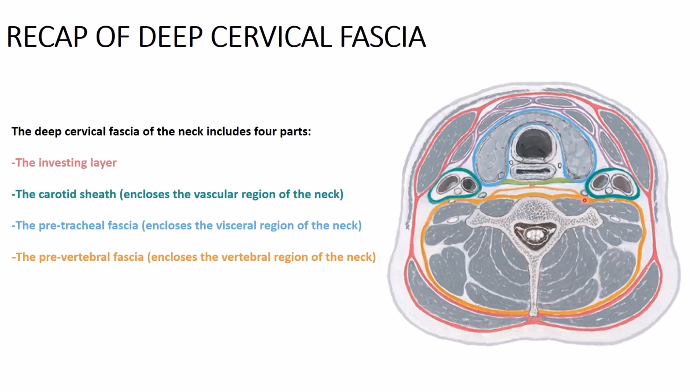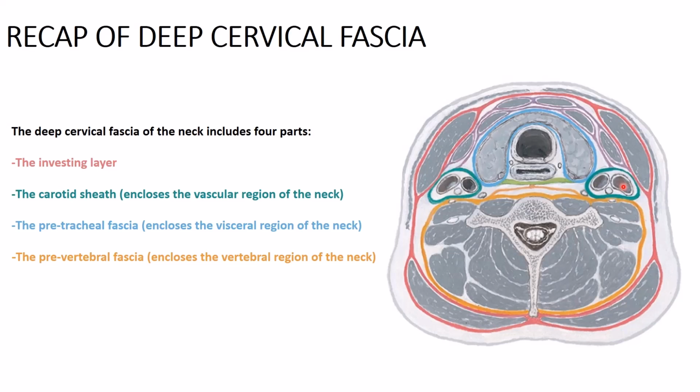So, to recap, we have the investing layer of deep cervical fascia, which is the most superficial part. We have the carotid sheath on either side, which surrounds the vascular region of the neck. Why? Because it surrounds most medially the common carotid artery and laterally the internal jugular vein.